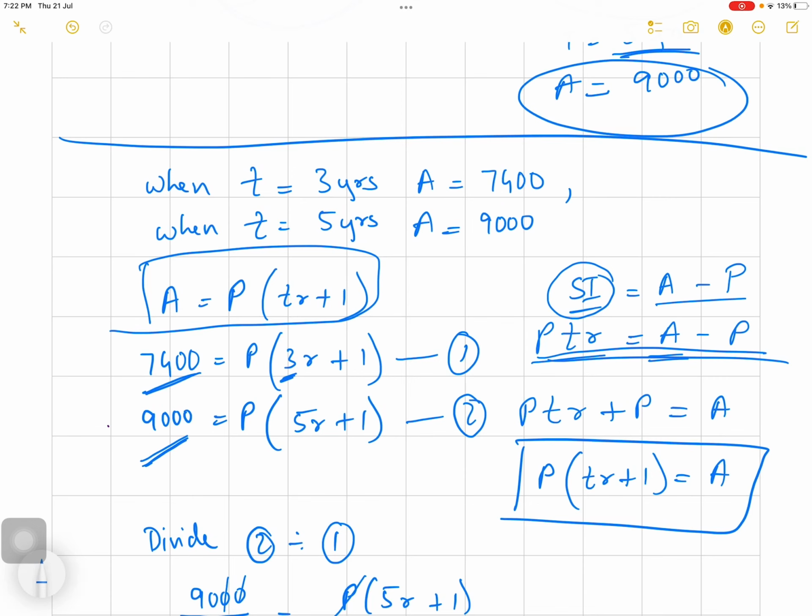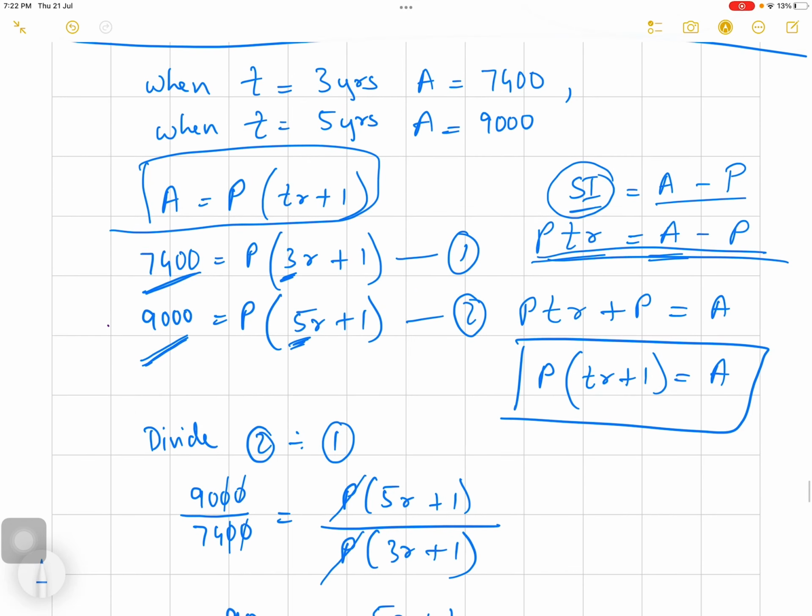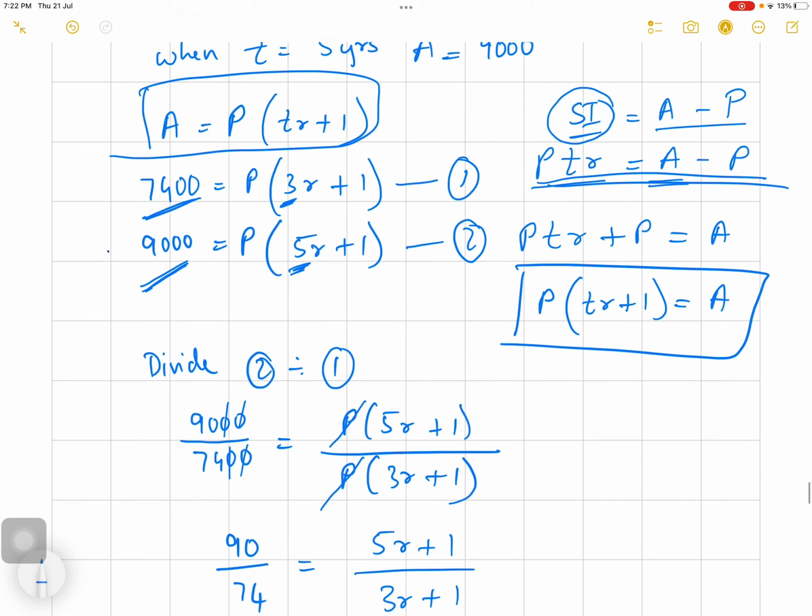When 9,000 is A, T is 5. You get two equations. Solve both to find R. The purpose of dividing the first and second equation is so that the P term gets cancelled.